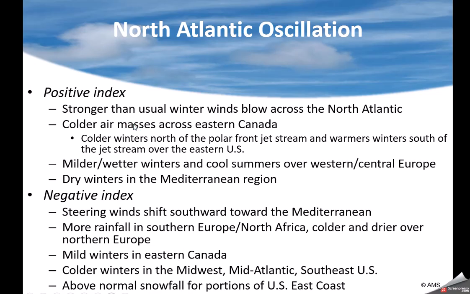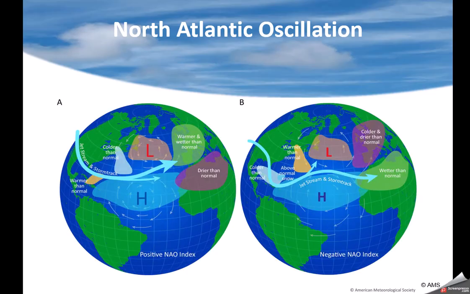These oscillations can last for weeks at a time, and they can really influence our winter. You can see here colder than normal on positive North Atlantic oscillations, warmer than normal on negative ones.